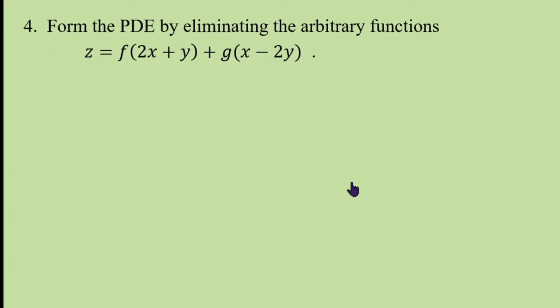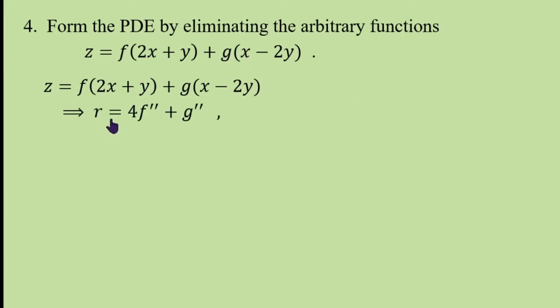Next example. Form the PDE by eliminating the arbitrary functions, z equal to f of (2x plus y) plus g of (x minus 2y). Here r becomes 4f double dash plus g double dash. The coefficient of x is 2, so 2 into 2, 4 into f double dash of (2x plus y), 1 into g double dash of (x minus 2y).